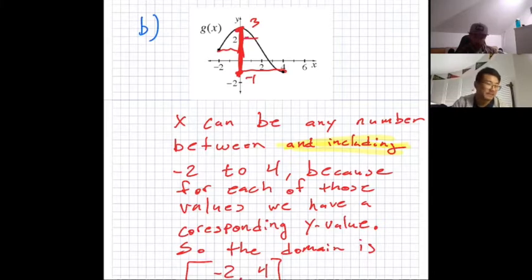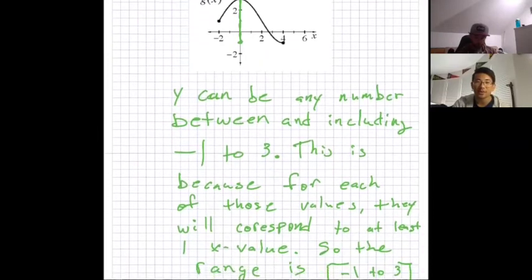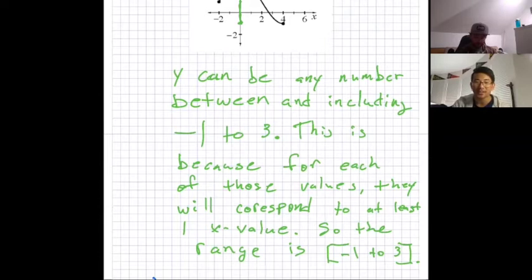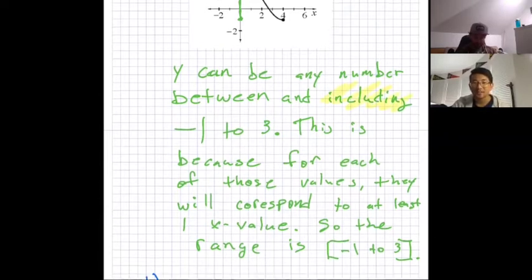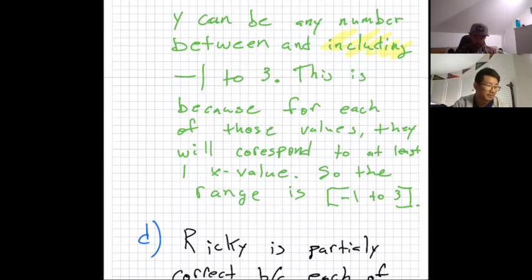I can go from my Y and hit any part of my line. So any of those values between -1 and 3 would be part of your range, or your possible outputs. So the range should be everything from -1 to 3, including. And including my favorite word, including. That way, because of those closed dots, we make sure that we are using those.